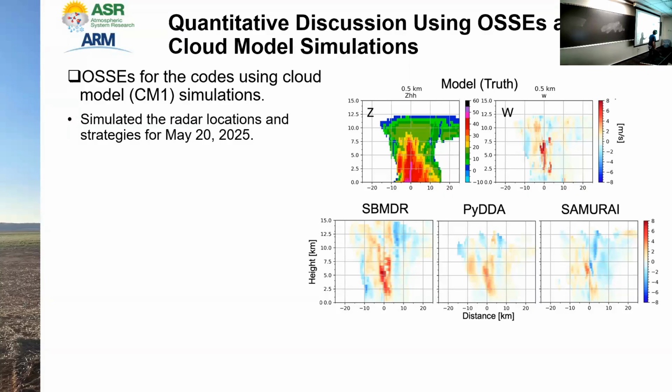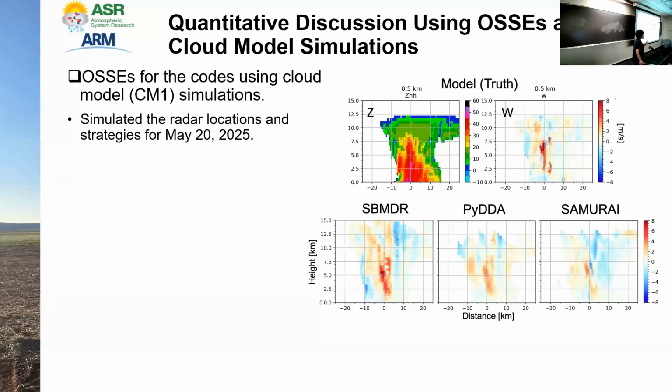There is very good agreement in terms of the location of the convective core here, but there is a very strong difference in the magnitude. I am trying to find where those uncertainties come from.